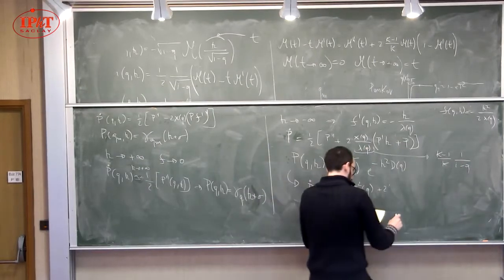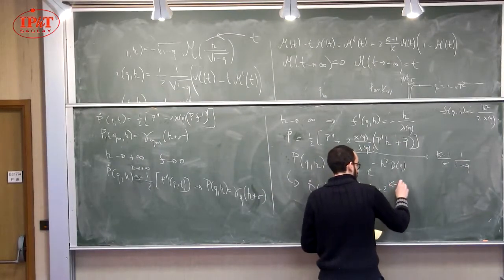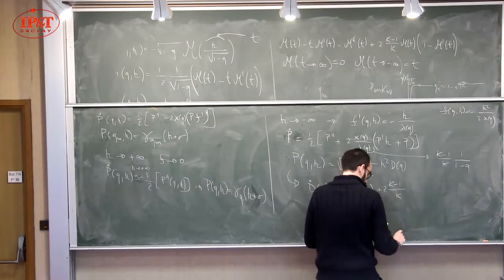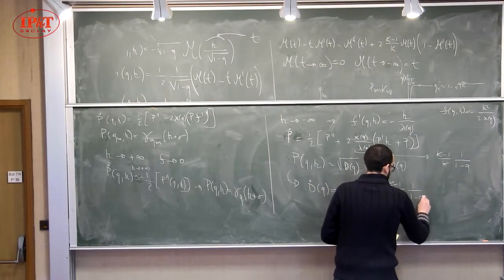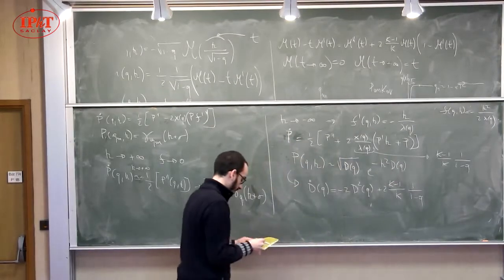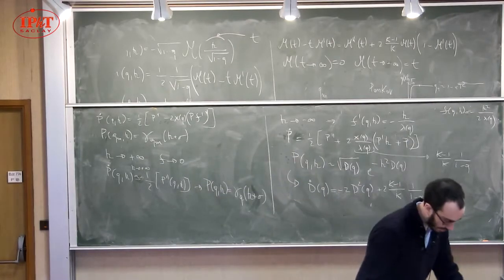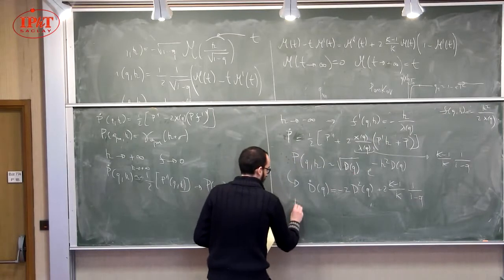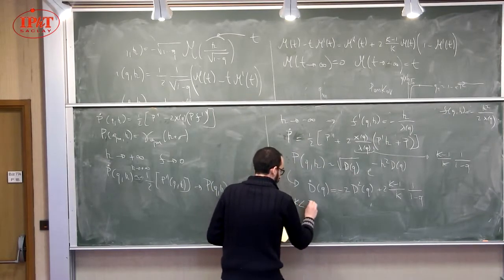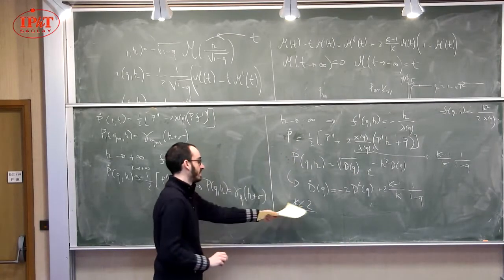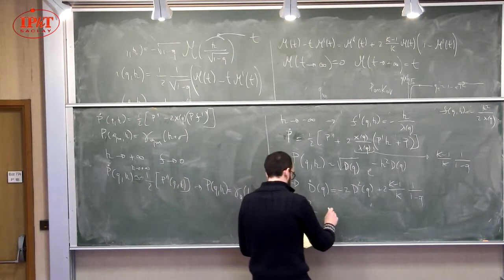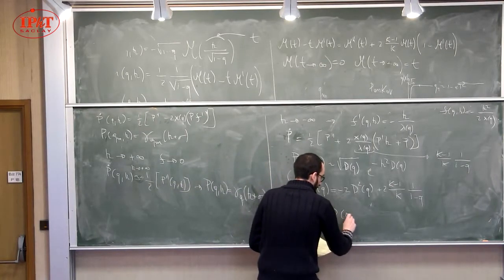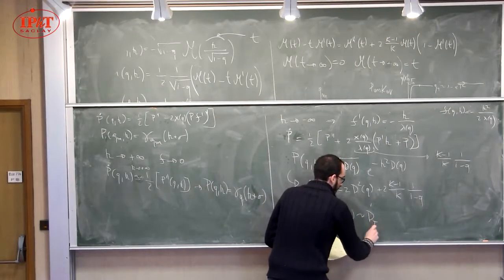So here you naturally get minus 1 over k 1 minus q. And then if k is less than 2, which we will see is the case, this is solved by a constant.